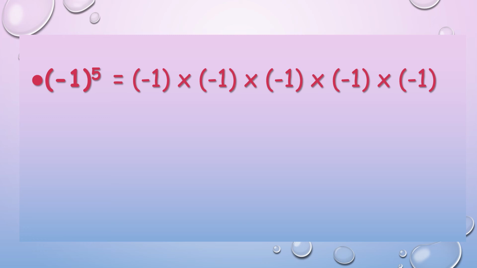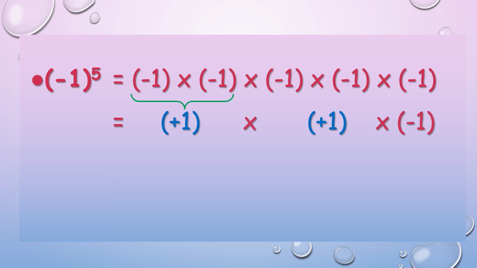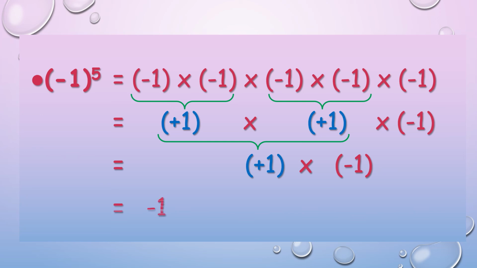Again, minus 1 to the power 5. Minus 1 times minus 1 times minus 1 times minus 1 times minus 1. 5 minus 1s. What is the answer? The answer is negative, minus 1.